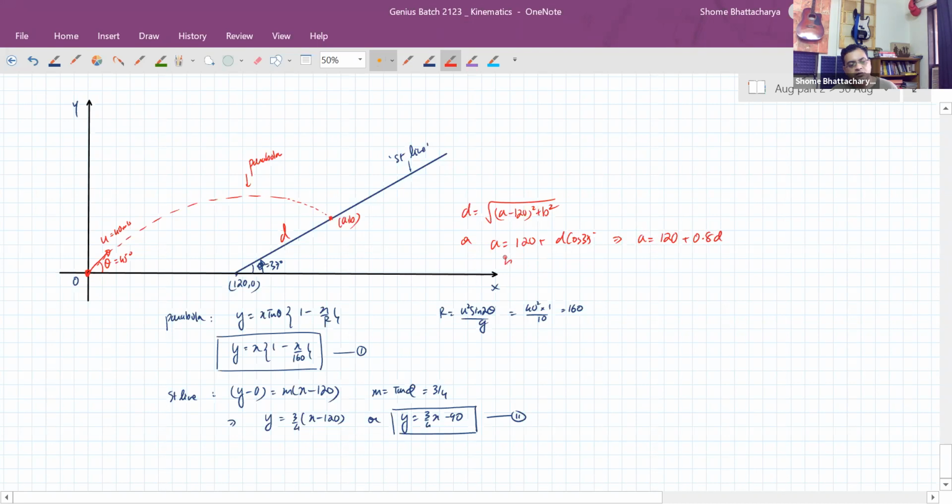And the point B, you can do this also. Anyway, the point of impact is the intersection.